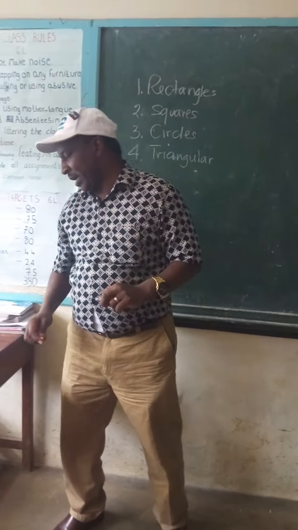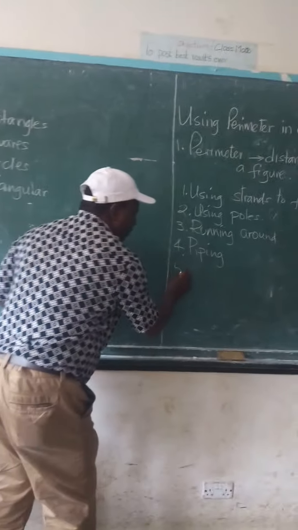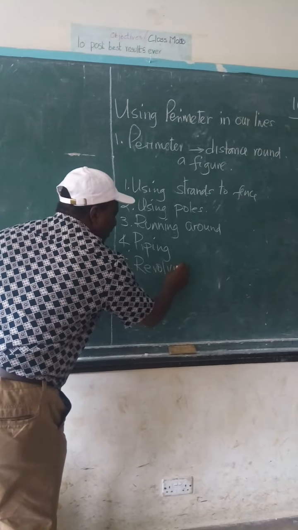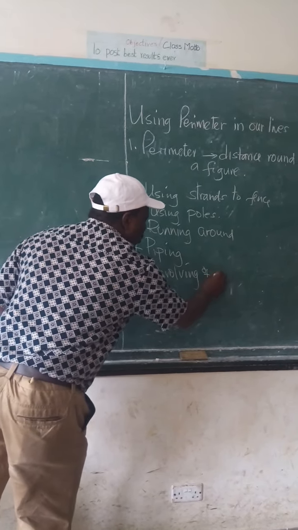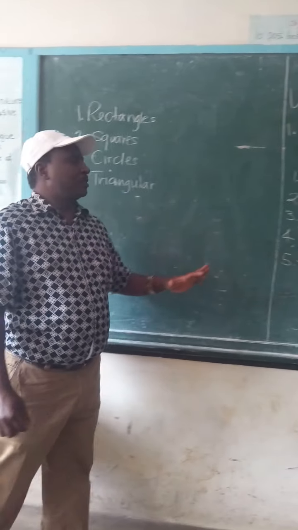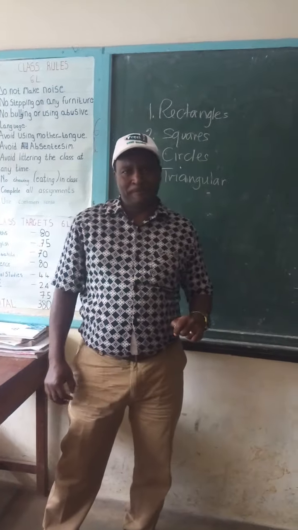Number 5 would be probably the revolving of wheels, the road, the vehicles running from one end to the other.